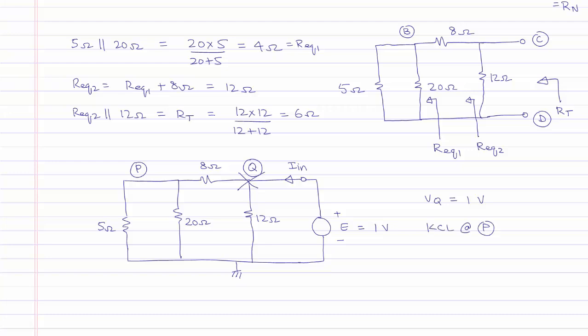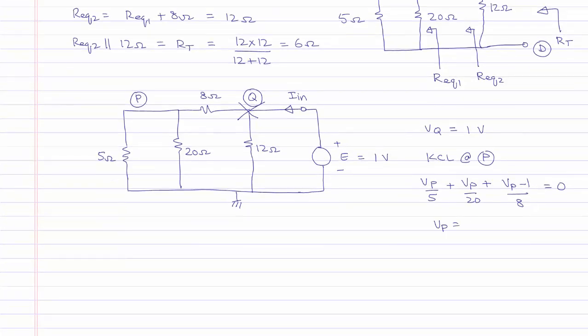KCL at P will give us that the current leaving is Vp by 5 plus the current leaving Vp by 20 plus the current leaving (Vp minus 1) divided by 8 is equal to 0. This is one equation in one unknown, and the solution of this equation will give us that Vp is equal to 1/3 of a volt.